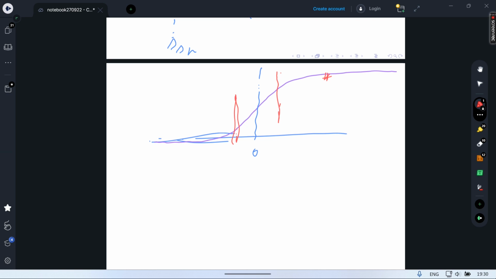Now when you try to train a very deep neural network, the range of your input might get larger, or very small. For example, if the values of your input feature lie within this range, then in this range the sigmoid activation function behaves almost linearly.